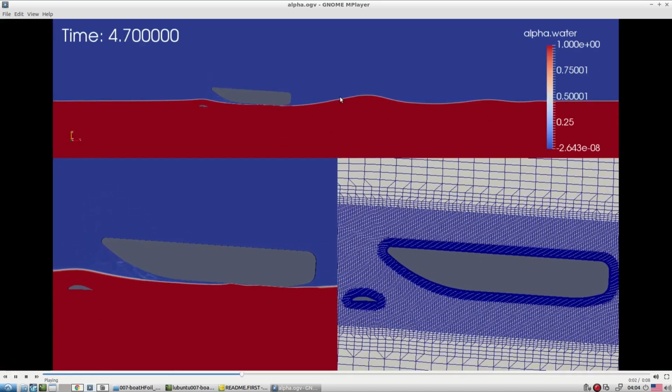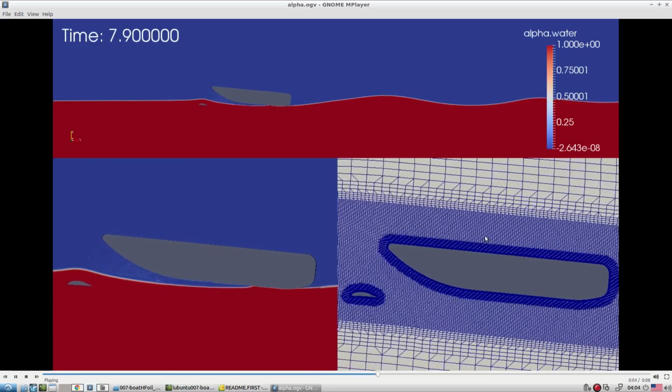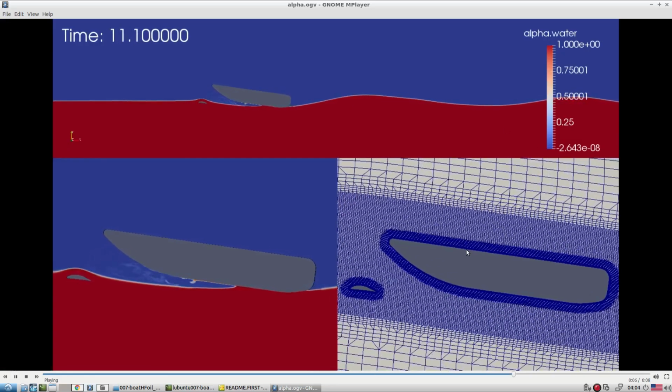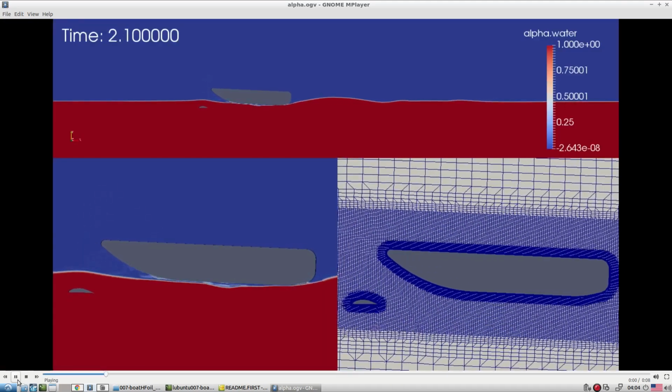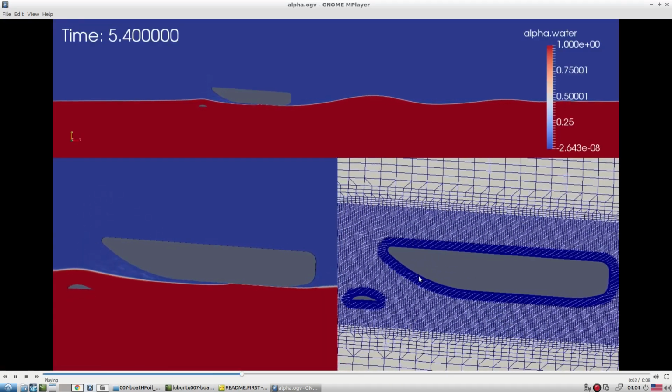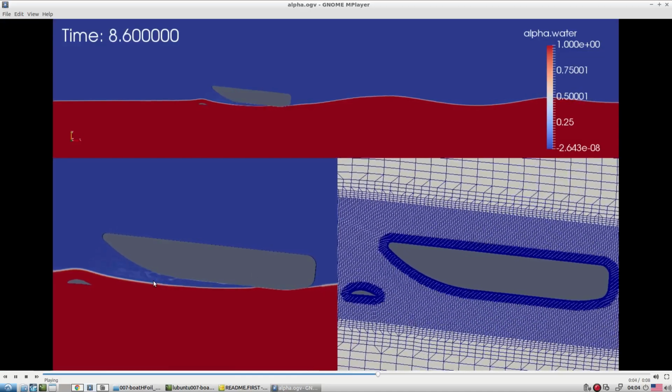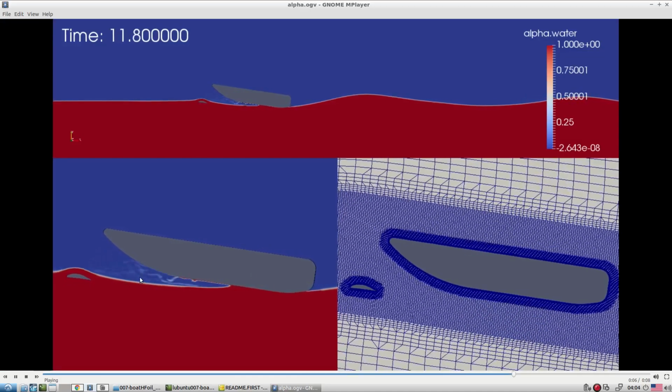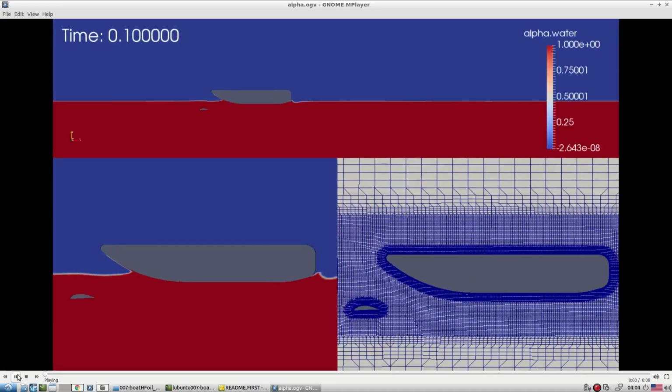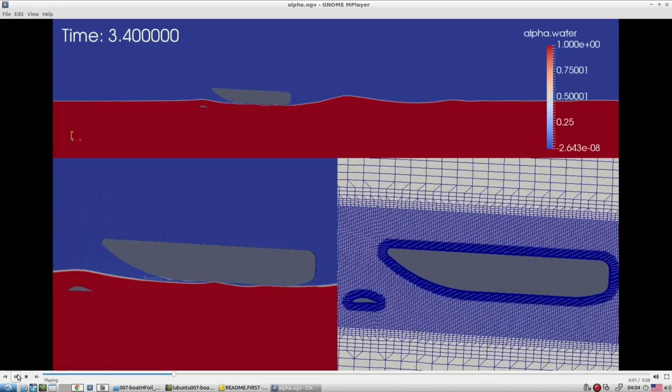So look, that is how it is happening. And here you can see the mesh motion. It is a rigid body motion. That is what is visible from here, and this is the zoomed version, very close to what exactly is happening near this particular surface. So that is also visible from here.